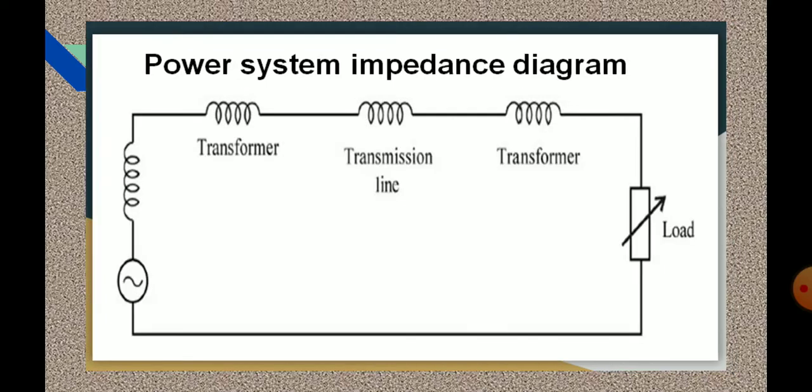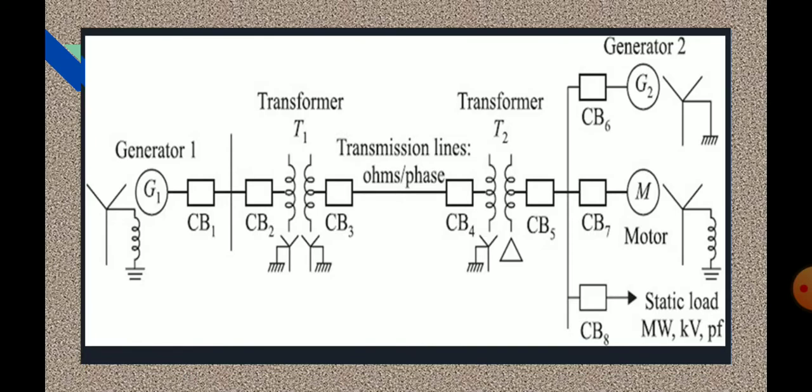This one is actually a reactance diagram, and this is also an equivalent per unit representation of the single line diagram. So the next, this one is another example. Actually in this example we have these components: generator 1, transformer 2, generator 2, motor, and static load. All these components are interconnected, and it is shown with a simplified diagram which is called a single line diagram.